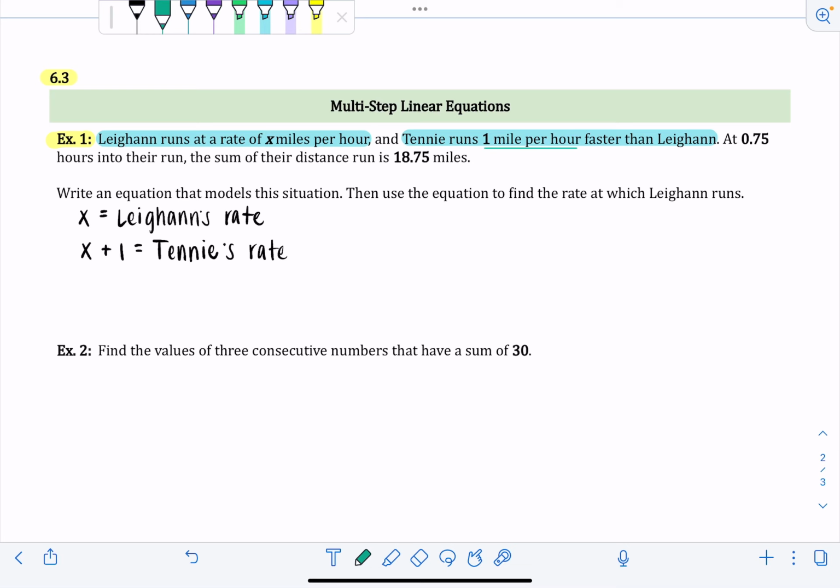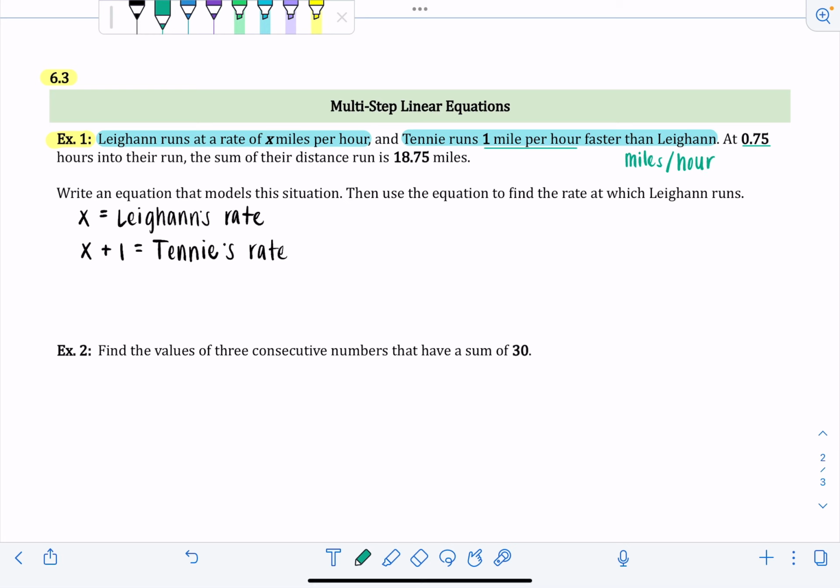And they don't give us an exact hour, they give us 0.75. So we're going to have to take that into consideration when we set up our equation. When you write rate, it's typically miles per hour. So we'll have to consider that ratio once we set up our equation.